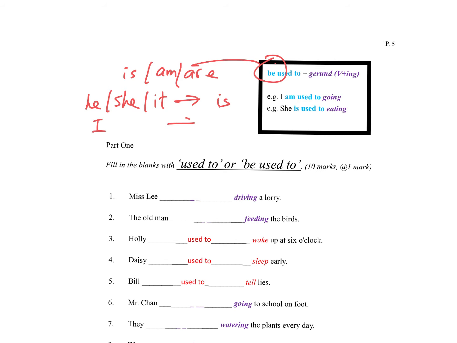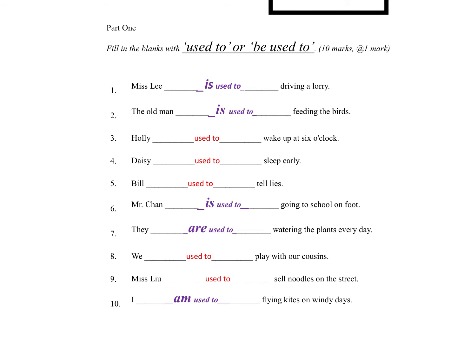好，基本嘢 he、she、it 會用 is，I 會用 am，而 they、we、you 就會用 are。有咗呢一個基本概念，咁剩翻嘅題目就好簡單啦。呢個就係答案。Miss Lee is, the old man 即係 he 啦 is。Mr.